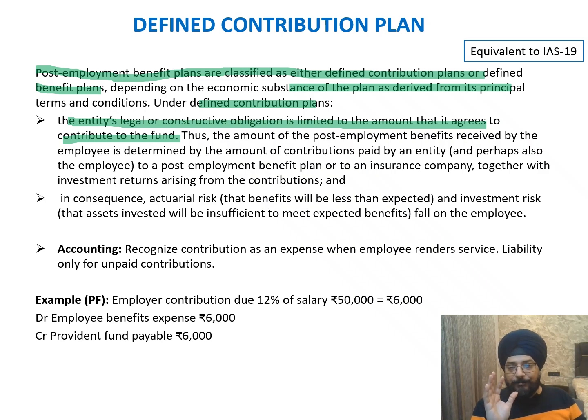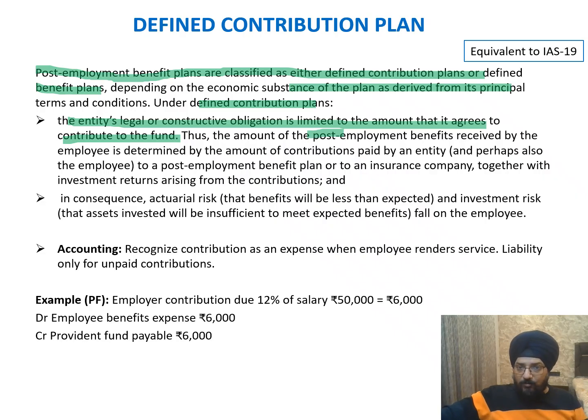Beyond that, the entity is not obliged to pay, irrespective of whether discounting or inflation is there or not. So the entity's obligation is restricted to the amount which has been agreed by the statute, which is like 12% if you're talking about the provident fund as an example.